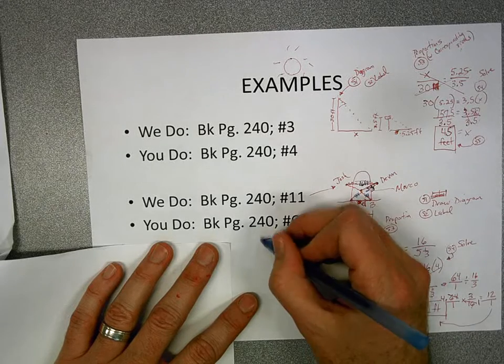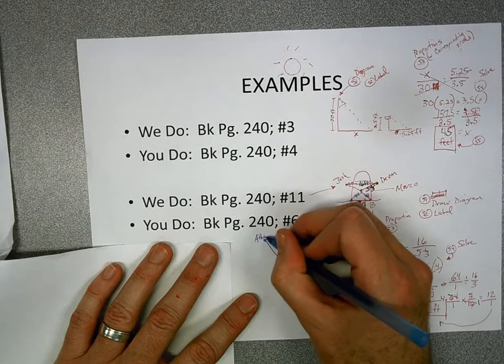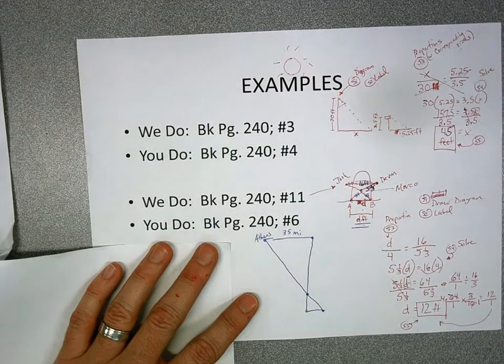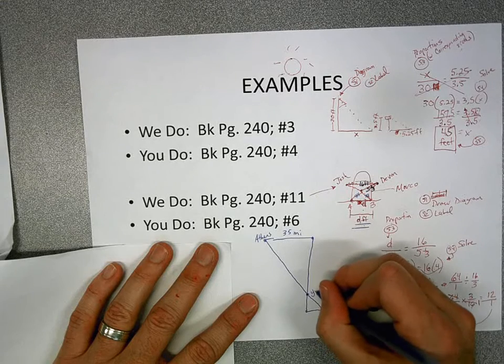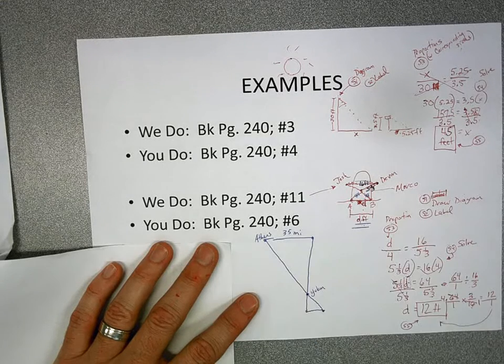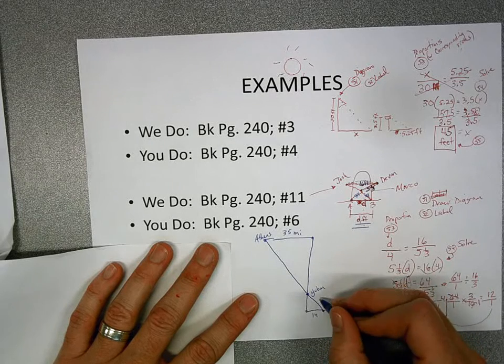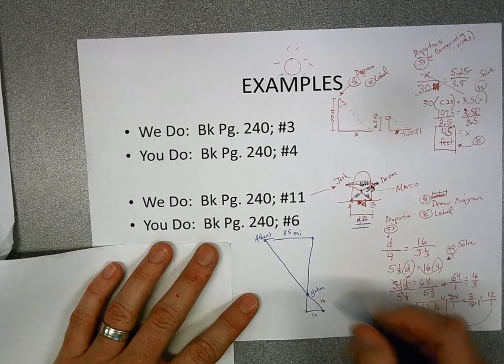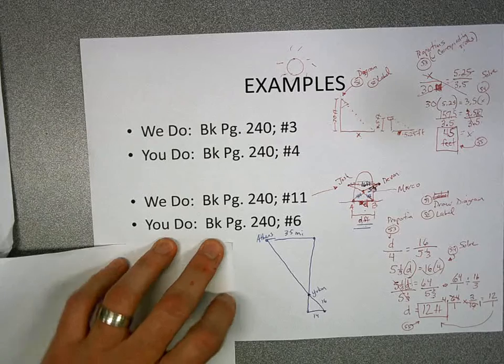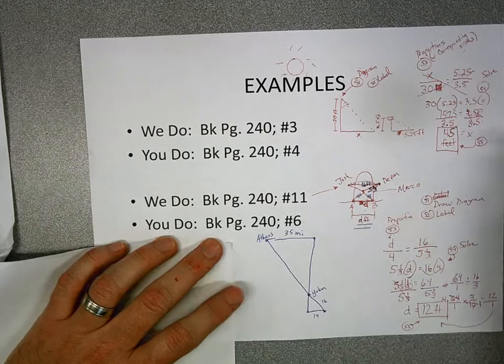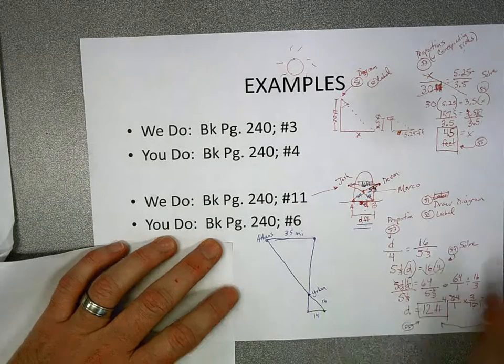So here's Athens. Here's Yukon. They also tell us from here to here is 14, and from this point to this point is 16. They're all in miles. So bottom line is, if I take a look at this, it's almost like the one we just did.